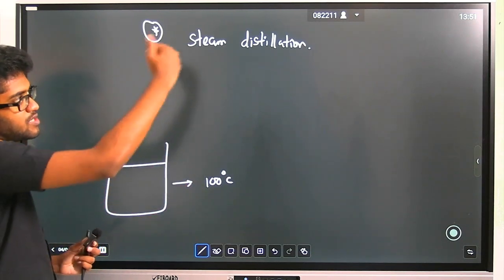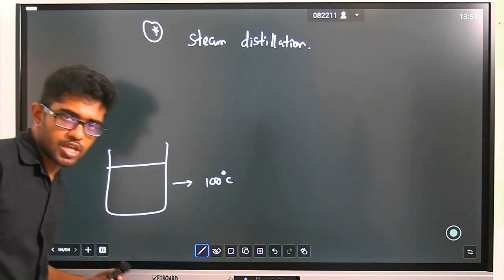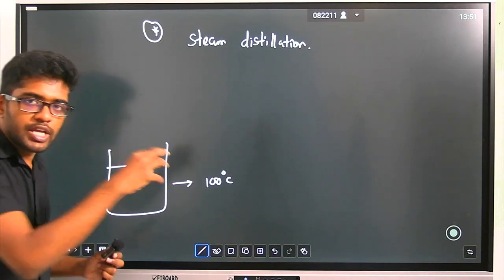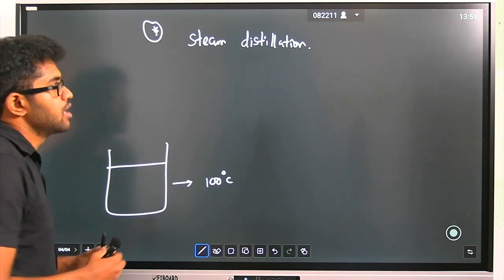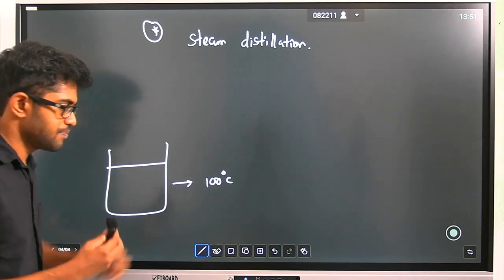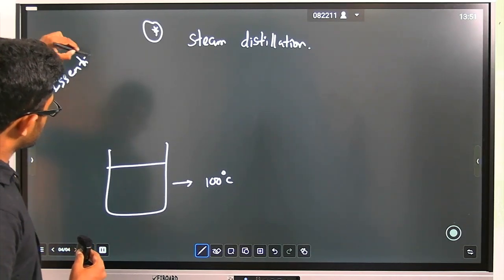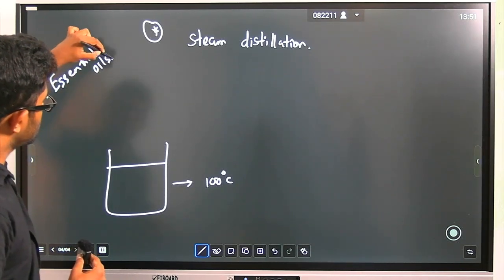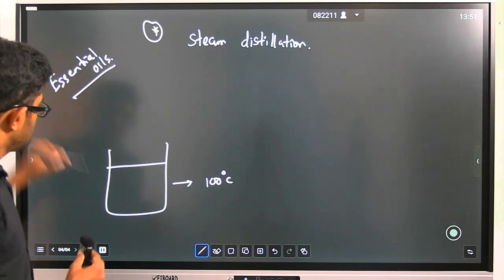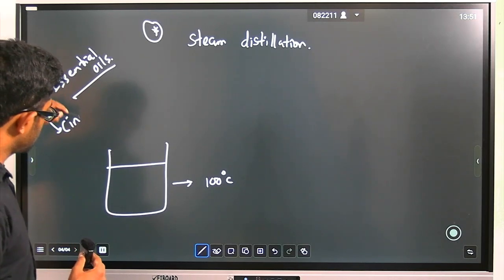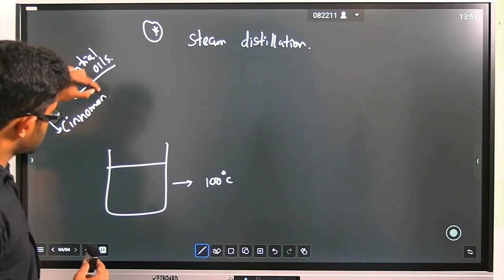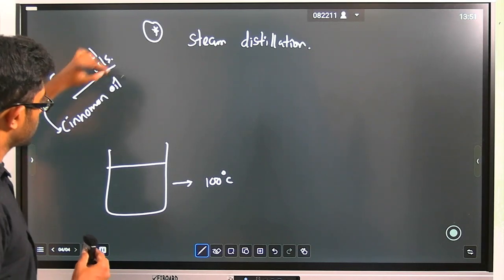The common industry which is given for you is the essential oil extraction. Therefore, I'll try to combine that part with this as well. Then you will get a clear idea. Under essential oils, what are essential oils? We will be talking about cinnamon oil extraction from cinnamon leaves. Cinnamon oil from what? Cinnamon leaves.